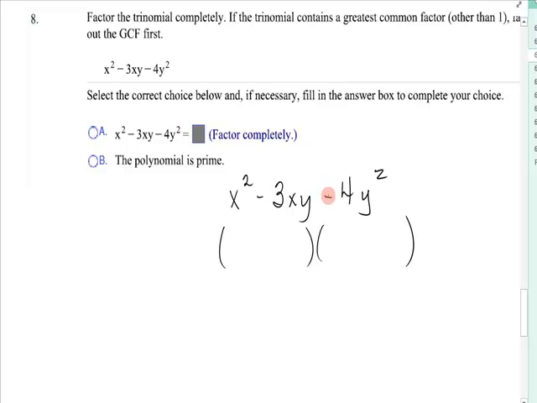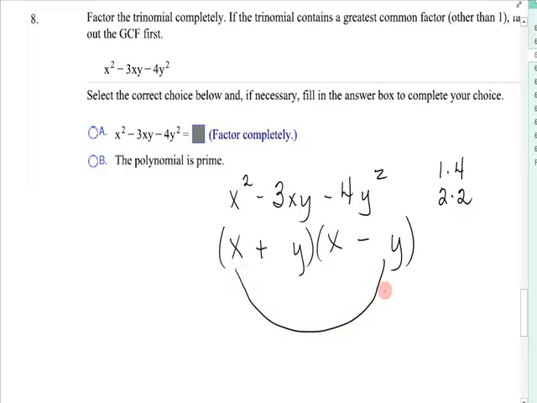The last sign is negative. Always when the last sign is negative, you get 1 plus and 1 minus. We know x times x gives us x squared. And I know that I'm going to have numbers here, but I'm going to have y's as well. All right, to get a 4, I either need 1 times 4 or 2 times 2. The outer product will be negative something xy.